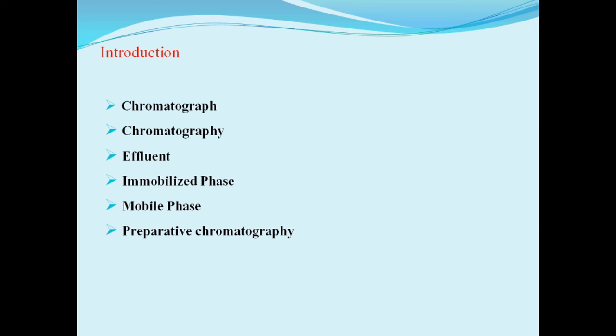The mobile phase moves through the chromatography column, the stationary phase, where the sample interacts with the stationary phase and is separated. Preparative chromatography. Preparative chromatography is used to purify sufficient quantities of a substance for further use rather than analysis.